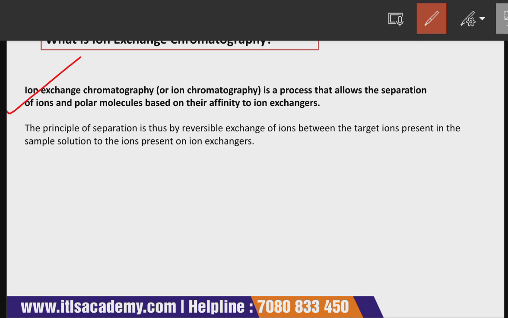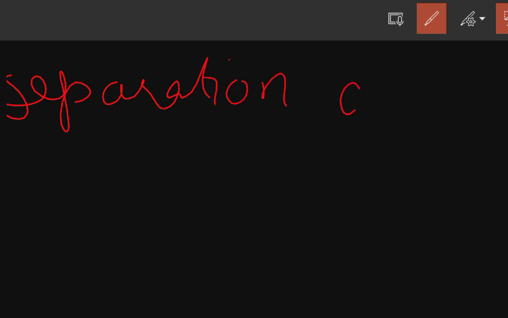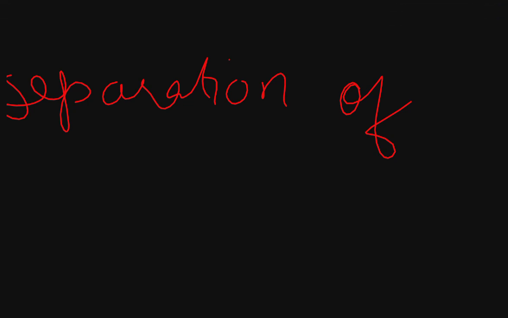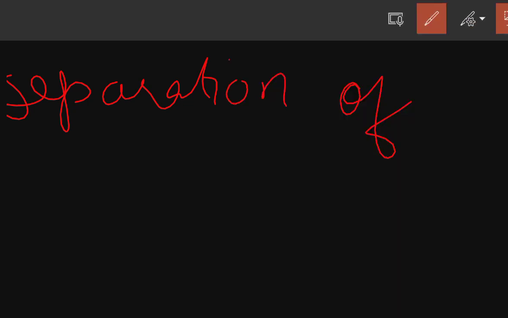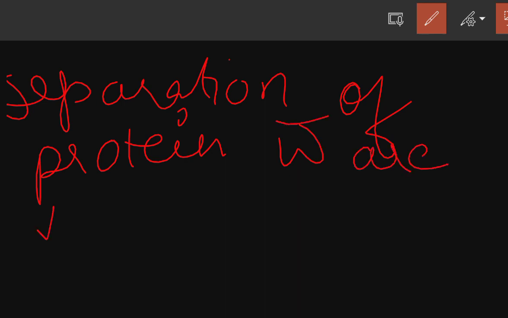You can note it down somewhere: separation of proteins which are very similar in nature.